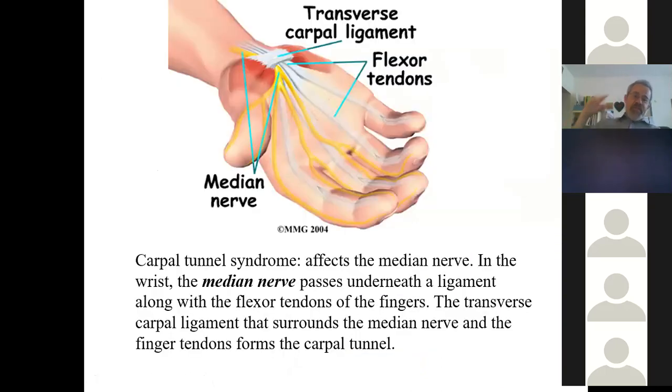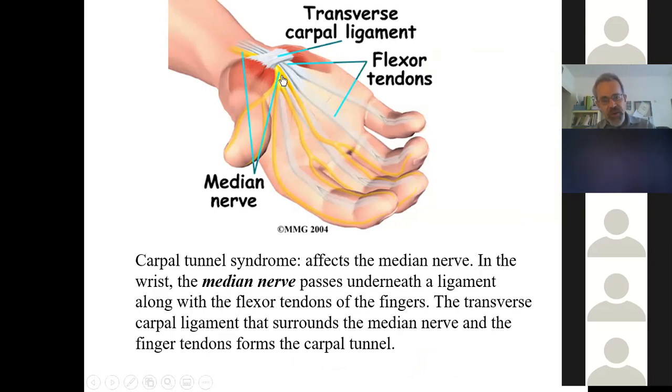What about the median nerve? The median nerve travels down, of course, the ventral surface, I should say really the anterior surface of your arm into your hand. You can see it eventually branches off into these other nerves into your digits. Well, the median nerve is the one that's the culprit that's responsible for if you have carpal tunnel syndrome.